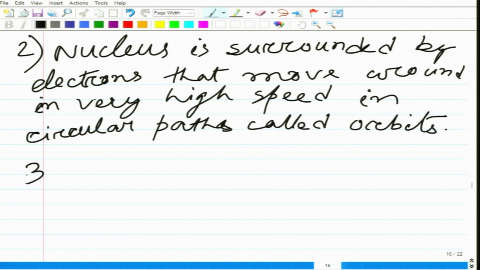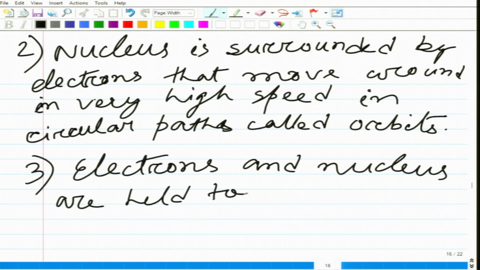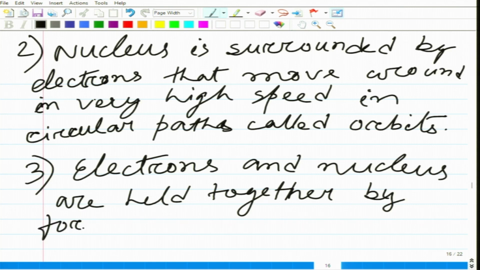Let's discuss the third point. The third point was electrons and nucleus are held together by force of attraction, by electrostatic force of attraction.